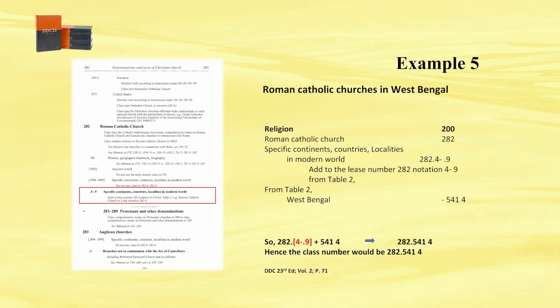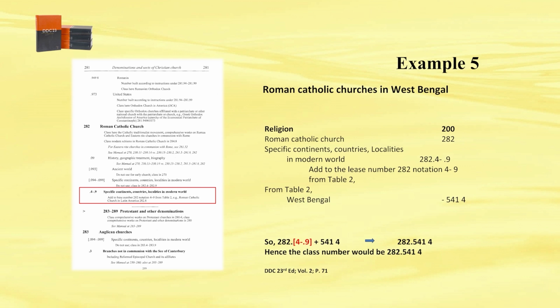282.4 to 282.9. There is an instruction that add to the base number 282 the notation 4 to 9 from Table 2. Okay. So, the Roman Catholic Church, we have found the 282, and under 282.4 to 282.9, we have found an instruction where it allows us to add areas notation from Table 2. From there, we can find the number of West Bengal, that is 5414.